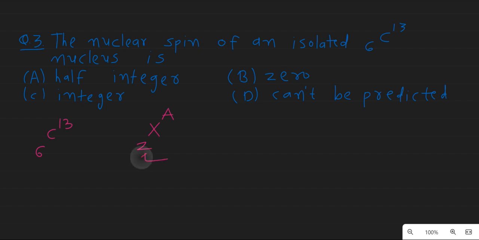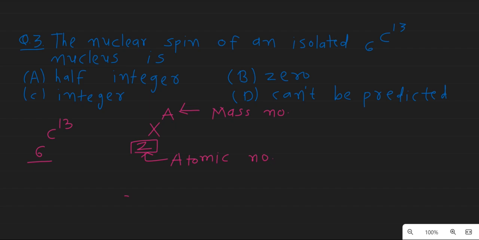Here Z is the atomic number, A is the mass number, and the number of protons is equal to Z. So the number of protons in carbon-13 is 6.